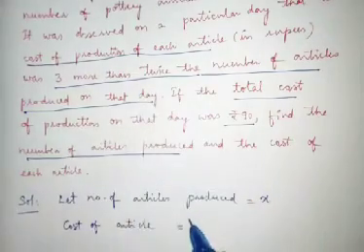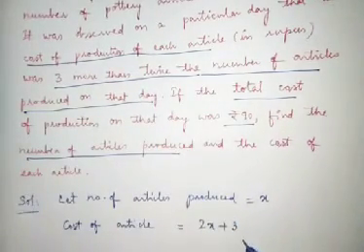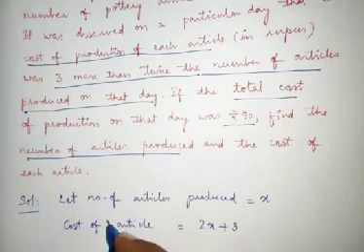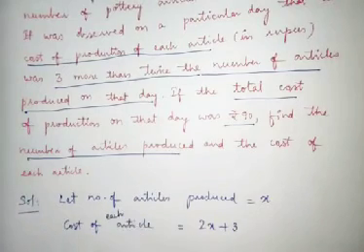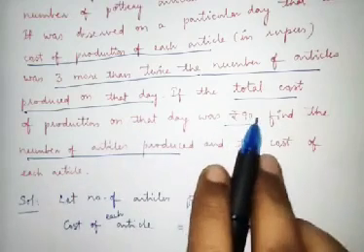Twice the number means 2x. 3 more means 2x plus 3. So that's the cost of each article. Now the total cost on that day is rupees 90.